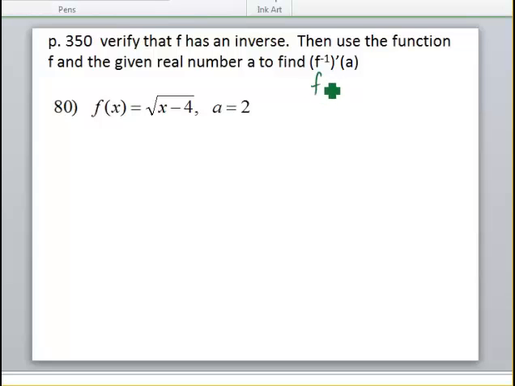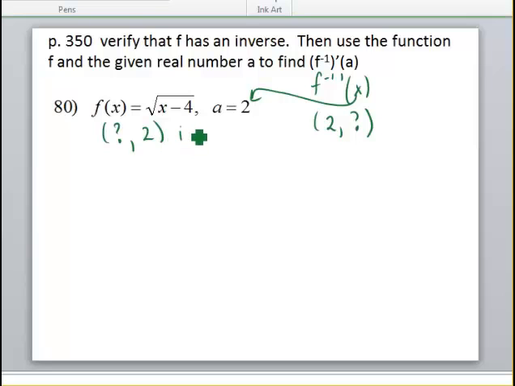So I know this is really asking me f inverse prime of x. So this is the x value on the inverse function. So 2 comma something is on the inverse function. Well, what that means is that something comma 2 is on the f function because the x and the y flip-flop spots on inverse functions.